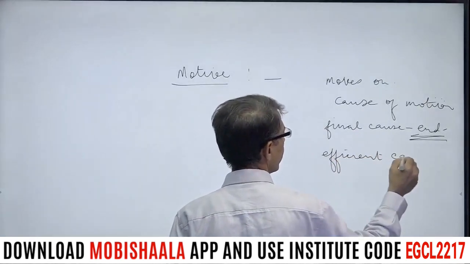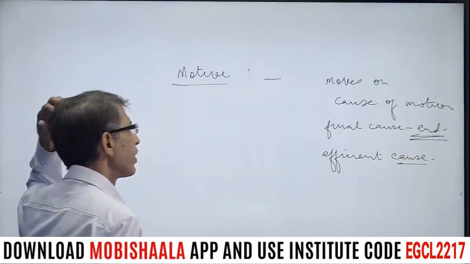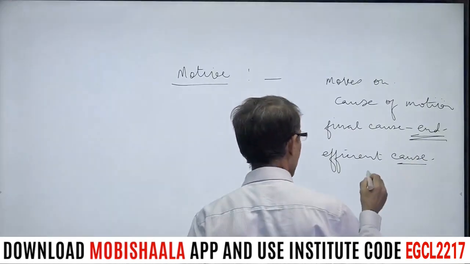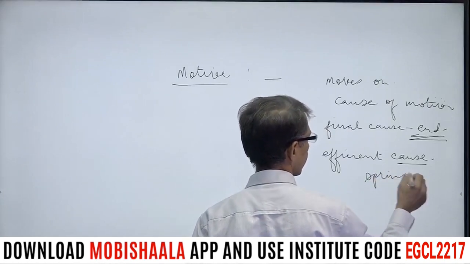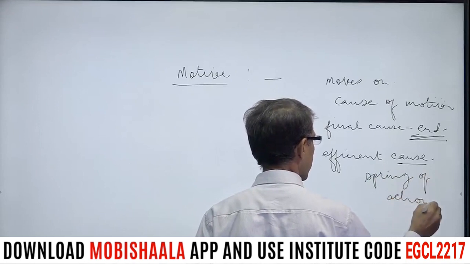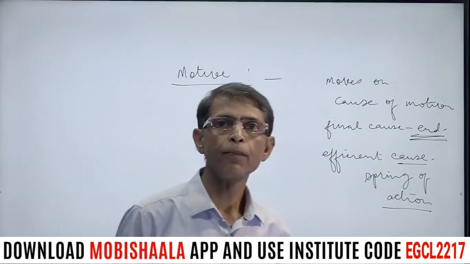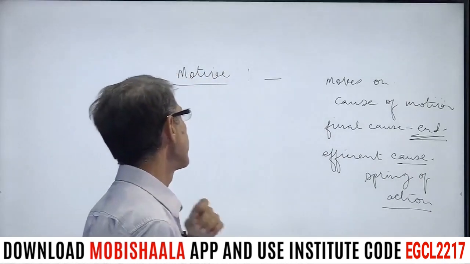So when you define it as efficient cause, yes, it's a spring of action, the cause of a spring of action. Just try to understand. The cause of a spring of action, if you define, then it will be the efficient cause.